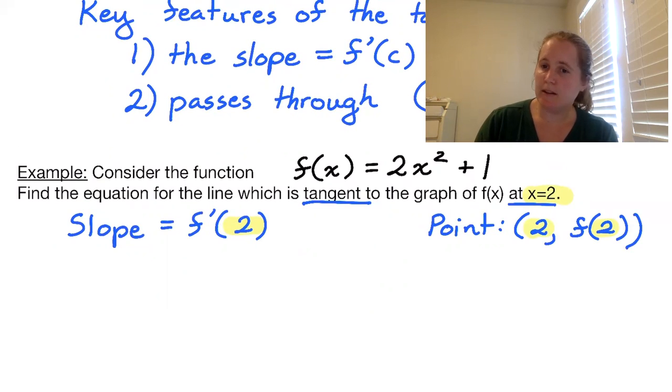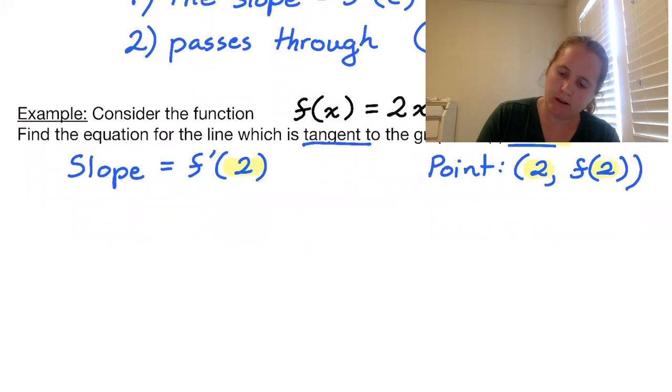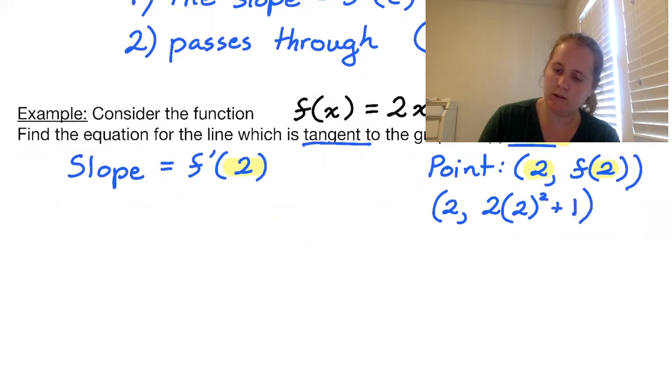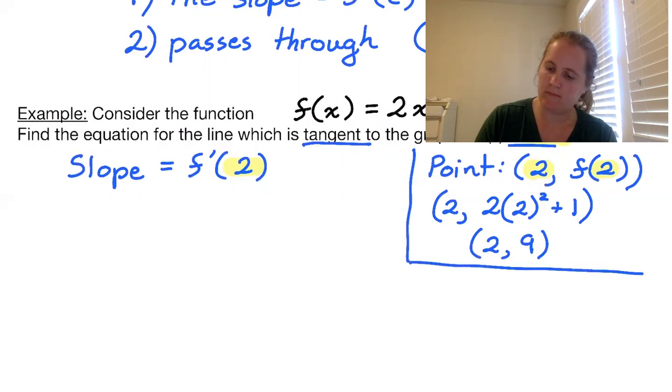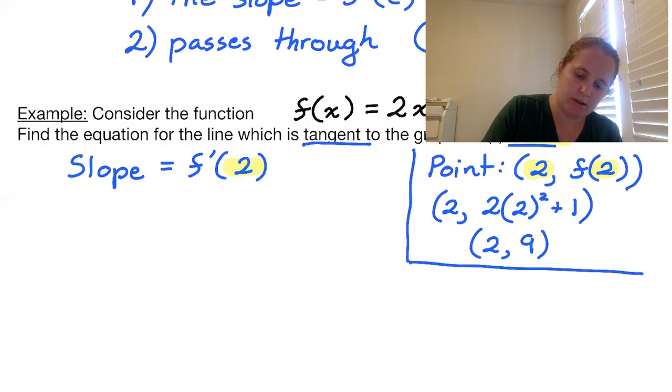So the slope will take a little bit of time. The point is pretty quick, right? So for the point, we have 2, and then f of 2, we're looking at 2 times 2 squared plus 1, or the point 2, comma 9. Our slope, we are looking for f prime of 2.